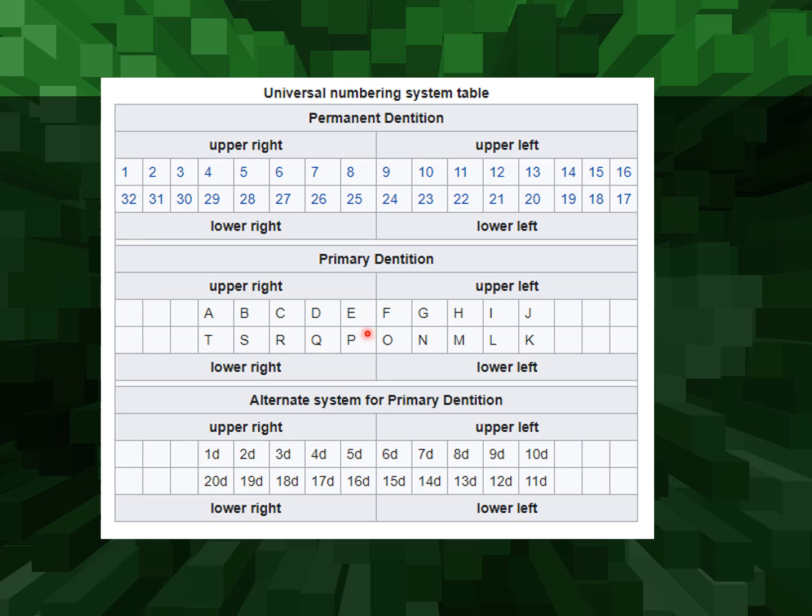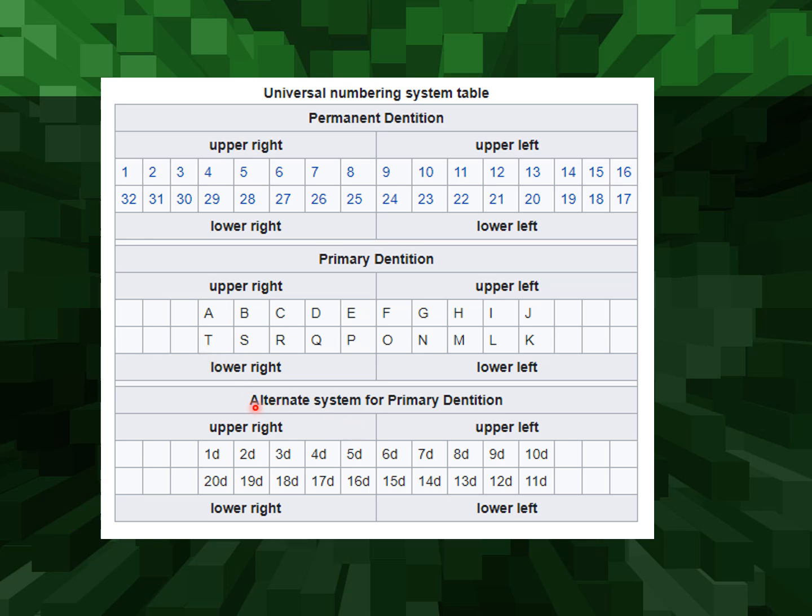Lower right central incisor P, lower right lateral incisor Q, lower right temporary canine R, lower right temporary first molar S, and lower right second temporary molar T.